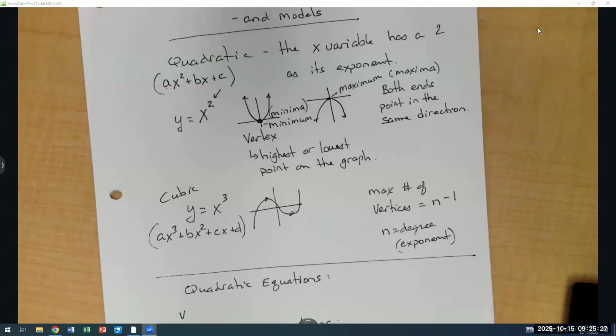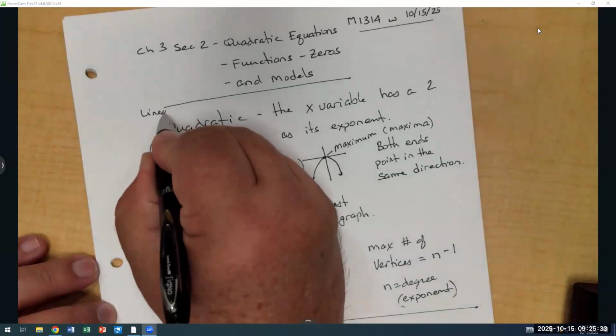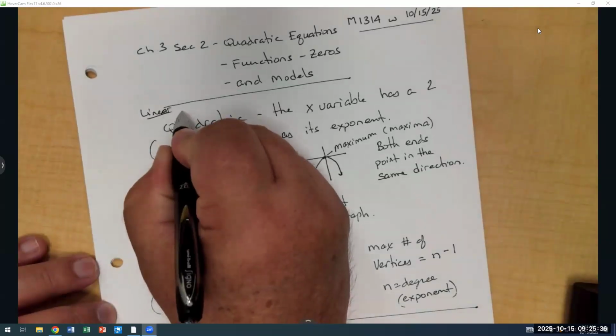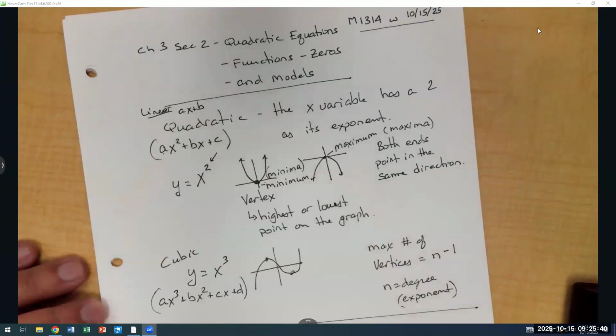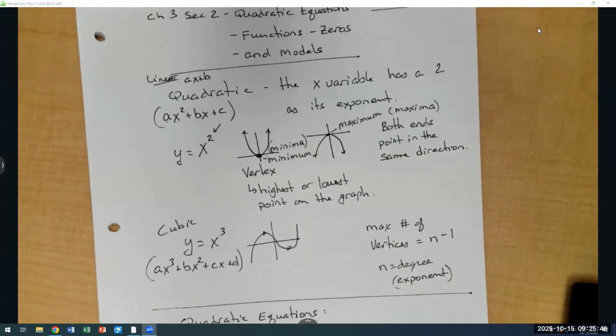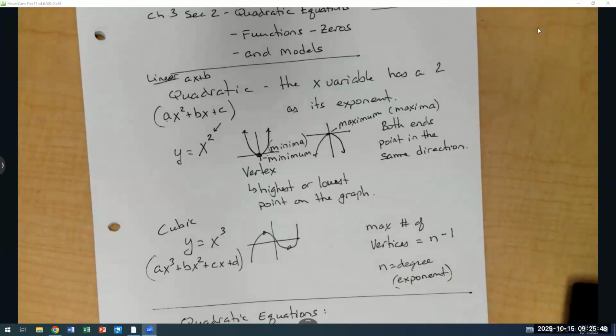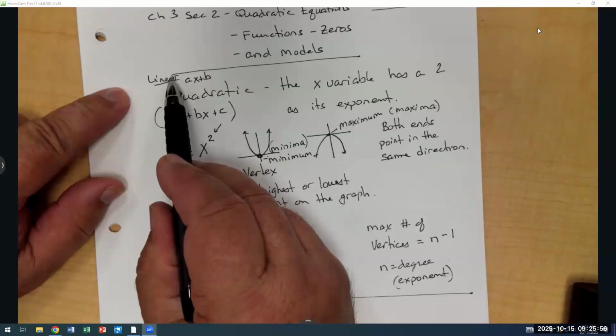What kind of equations do we deal with in chapter 1? Linear. So in linear equations, we had ax plus b, if we're using the same coefficients here. In a linear equation, what's the degree of a linear equation?